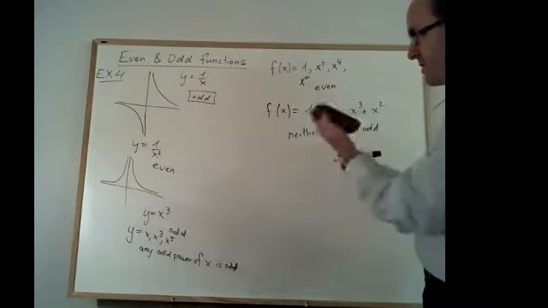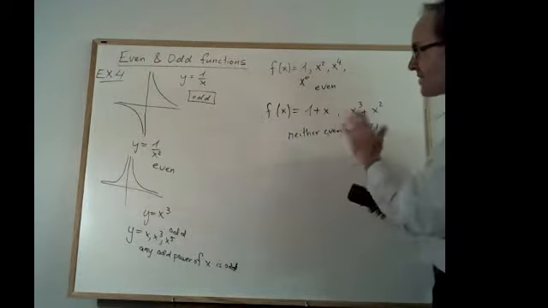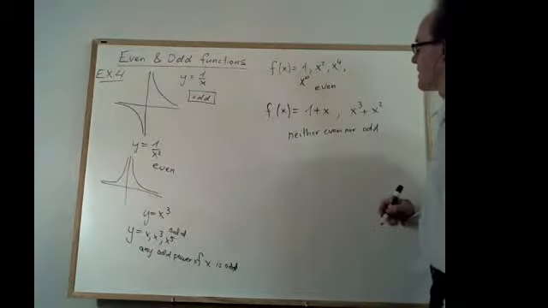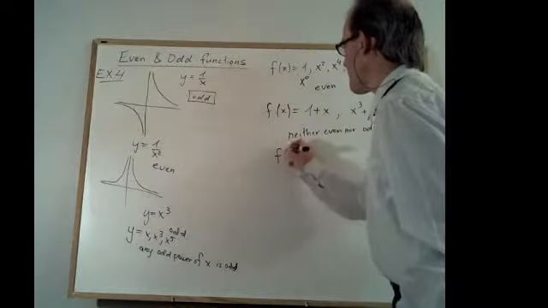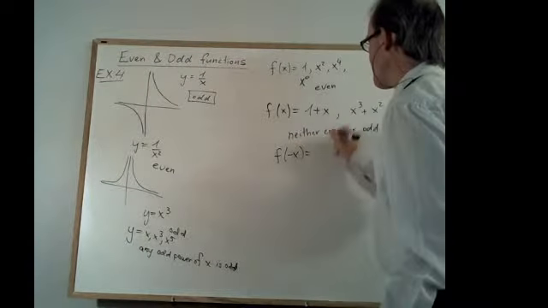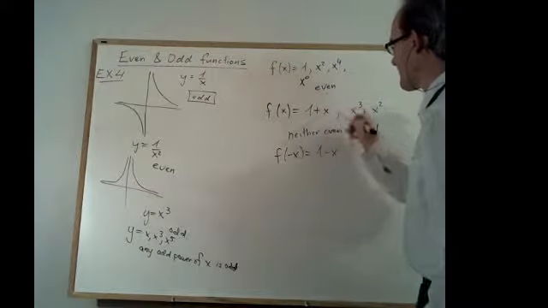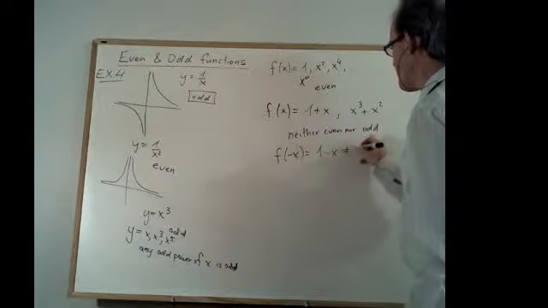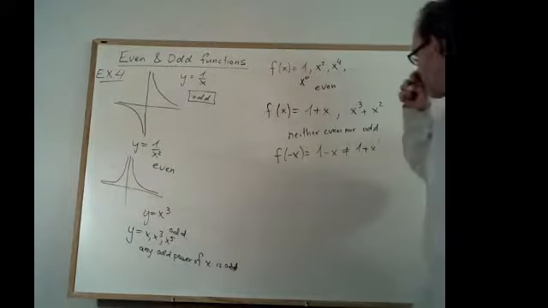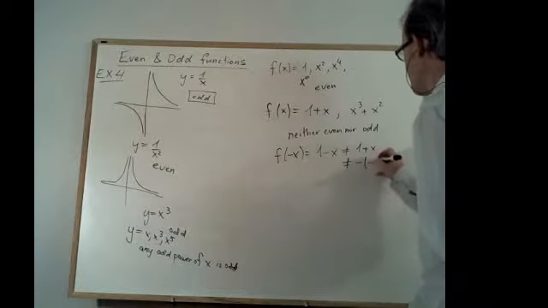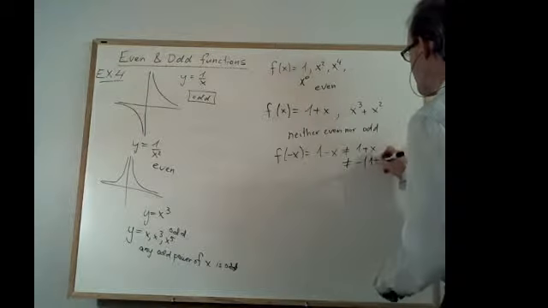There's no symmetry about the y-axis or about the origin for these functions. And you can check that f of minus x is equal to 1 minus x. So that doesn't change sign, but that does. And that's not equal to 1 plus x. Neither is it equal to minus, minus everything, 1 plus x.